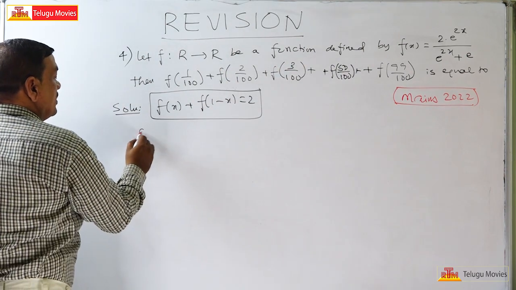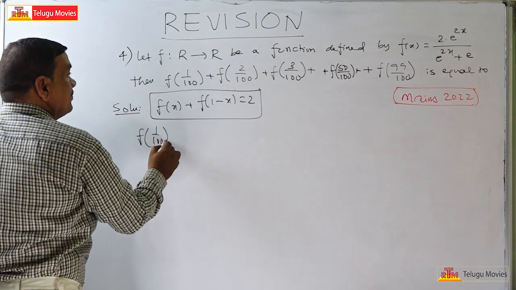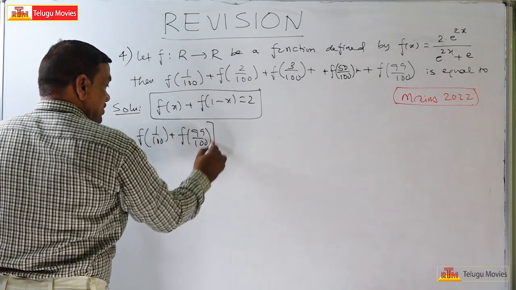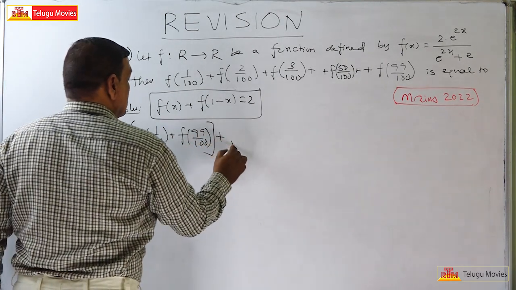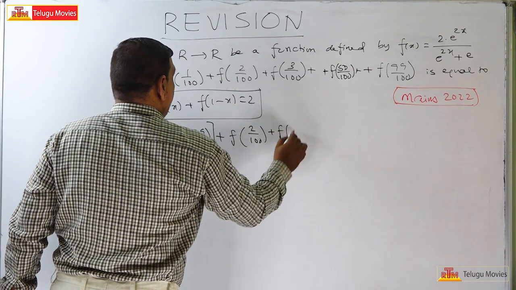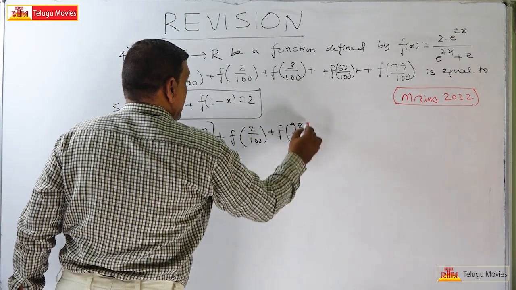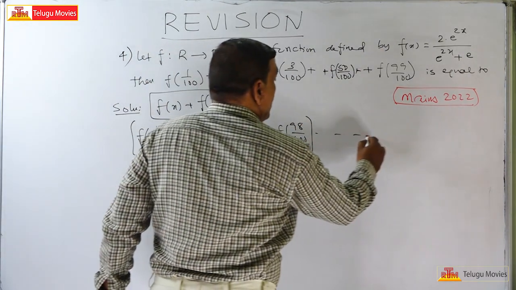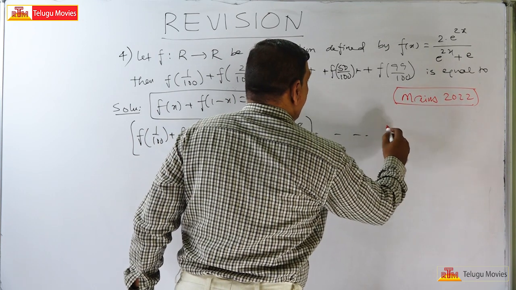So I will group the terms: f of 1 by 100 plus f of 99 by 100 is one group, plus f of 2 by 100 plus f of 98 by 100 is one group. Understand? So on, the groups will be there.